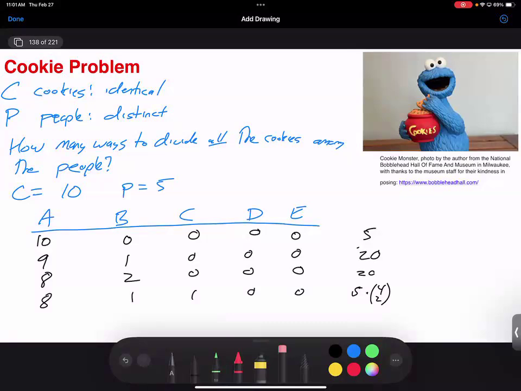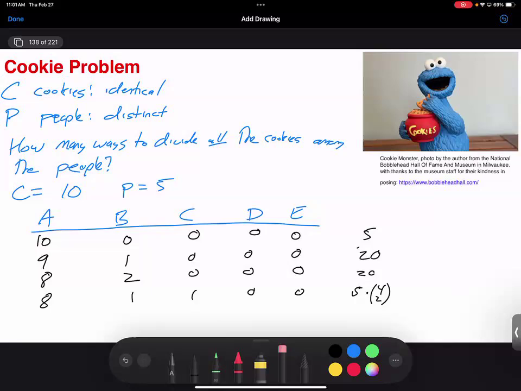If this were to be a multinomial coefficient, what would the top be? What's the only possibility for the top for any of these multinomial coefficients? How many people do we have? We have 5 people. So the top should be a 5.